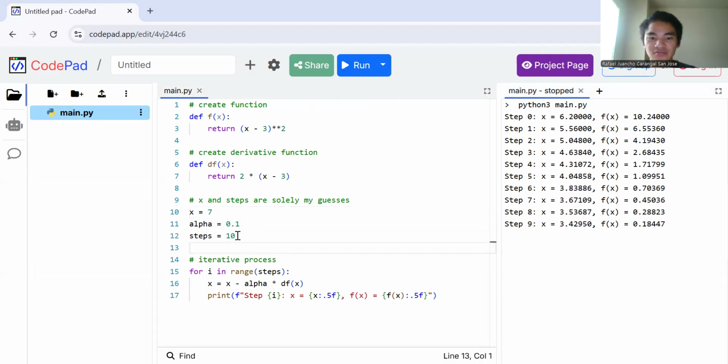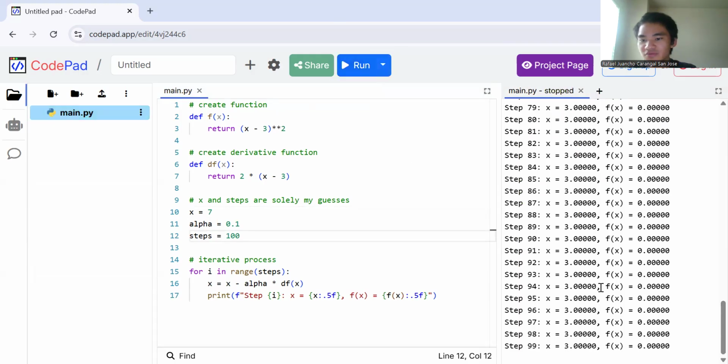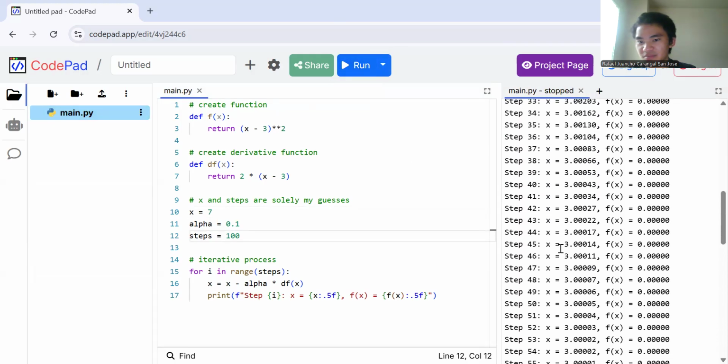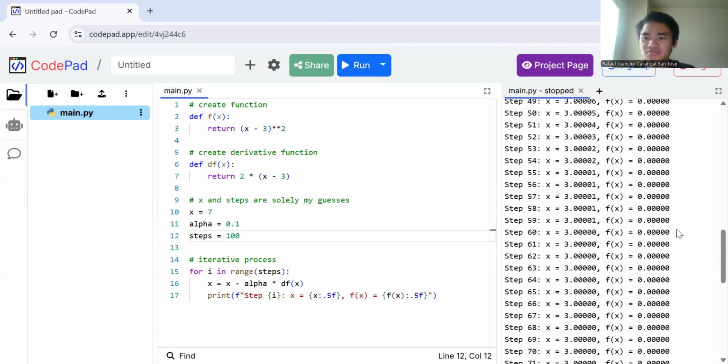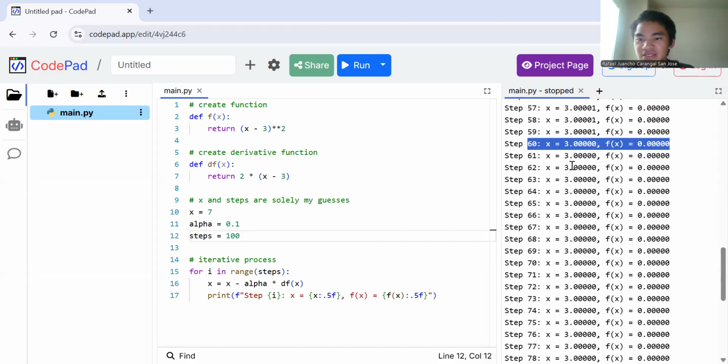If we keep on going, say 100, we get all the way to 3. But at what step? I'm guessing 58 again. 3.1, 60, right? Here that's 3.00001. And then here 3.00. Yeah. So this is where it kind of converges already at step 60.